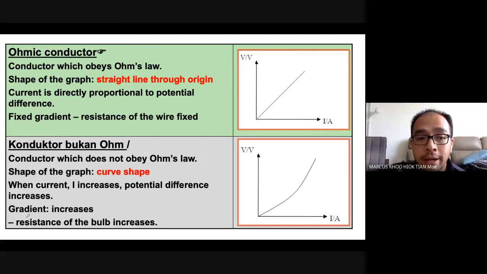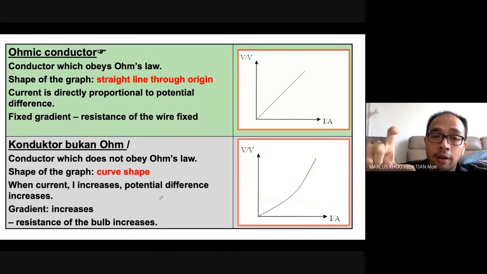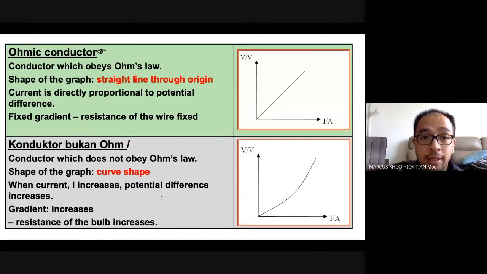The gradient, which is the resistance, of a non-ohmic conductor is not fixed. It is always changing, always increasing. The more current you put into it, the more the resistance increases. That's why it cannot follow Ohm's law, because for Ohm's law, the temperature and the state of the conductor must be fixed, and also the resistance.